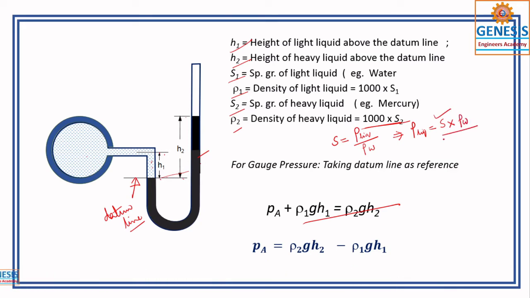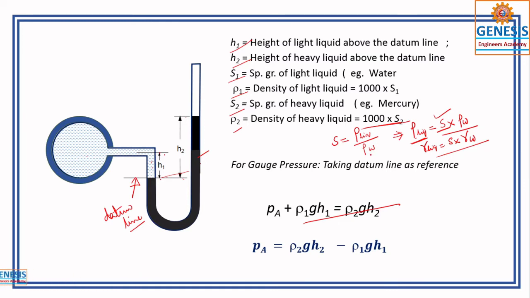So you simply multiply the specific gravity with the density of water and you get the density. If you want to know the specific weight, you simply multiply the specific gravity with the specific weight of water.